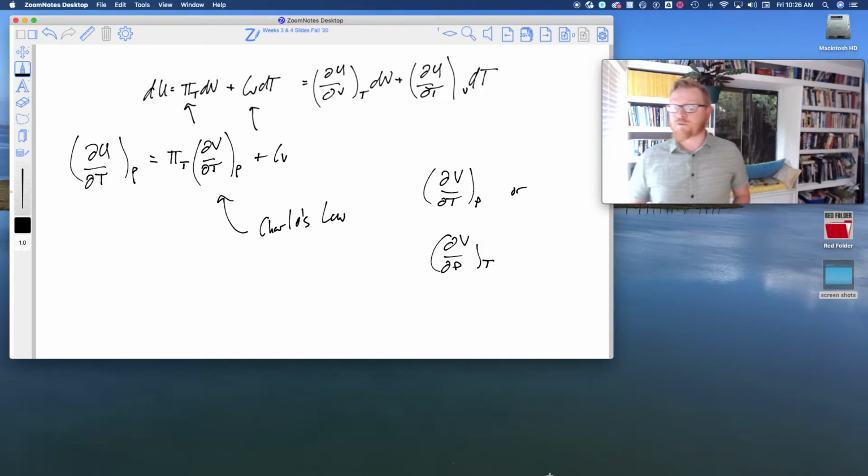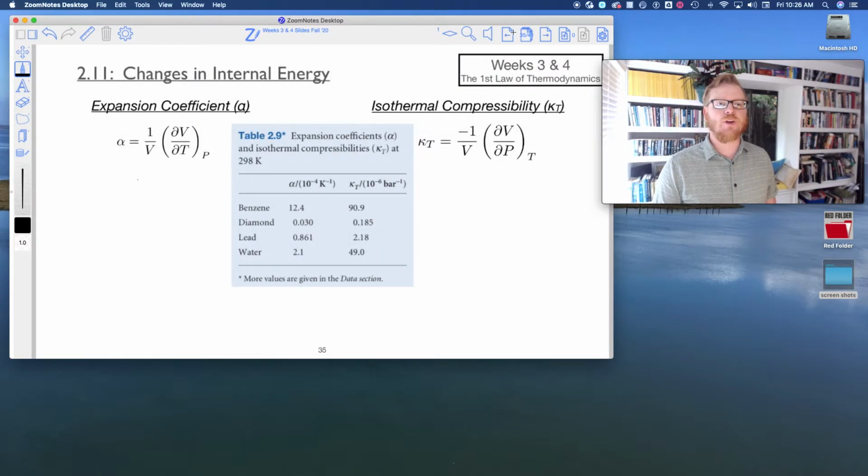If I switch the order of those two parameters. And so the result of that is two of these coefficients, one known as the expansion coefficient, one known as the isothermal compressibility. Okay? And so again, I'm not deriving where these come from, but you will notice they contain that relationship.